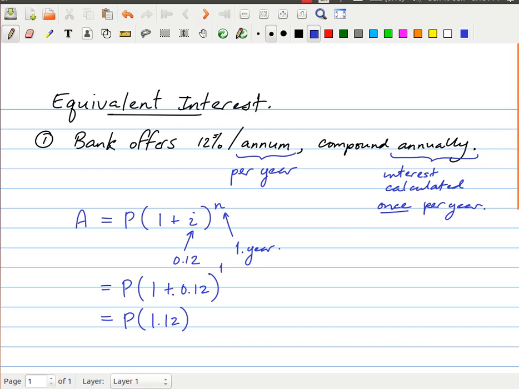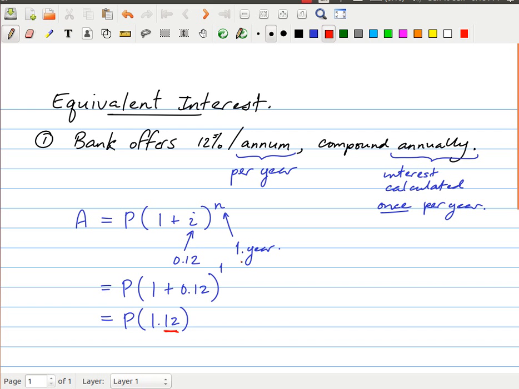So when we take a look at this result, you can see here that the principal is going to be multiplied by 1.12, and the 12% is contained right there. So there's the 12% from the interest that we're being offered.